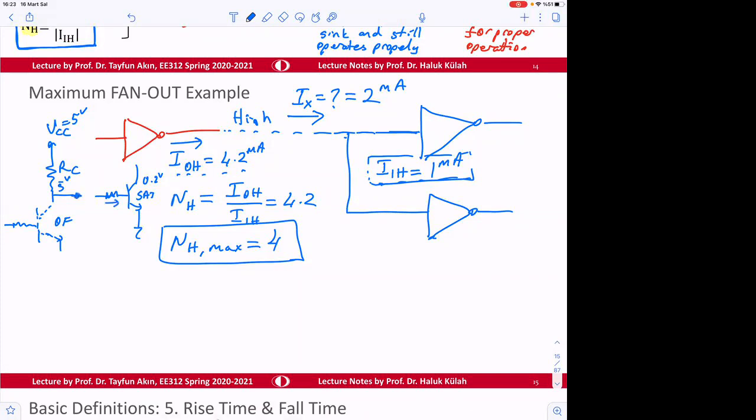If nothing is connected here, this can give a lot of current, but it is not giving any current. So it's okay. But we will find the limits, how much this can give, because if this gives output current, then the voltage starts dropping here. It's not going to be 5 volts anymore, it's going to be maybe 4 volt. Is 4 volt good enough for the next gates to accept as high?